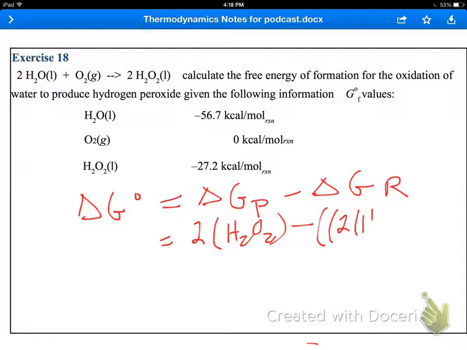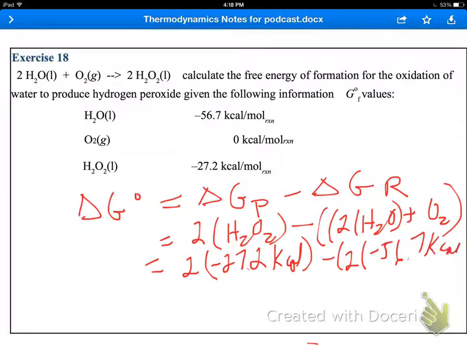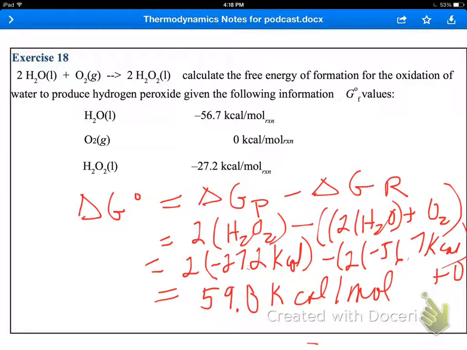So we're just going to take those values, and remember that the value for an element is 0, which is why oxygen's value is 0. And if I plug the numbers in and I do the calculations, I should get 59.0 kilocalories per mole.